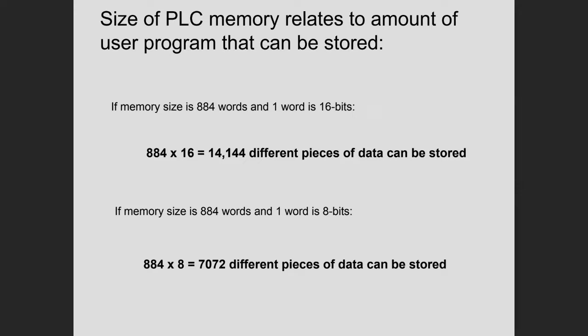If the memory size is 884 words, and one word is 16 bits, if you take the product of the 884 and the 16 bits, you get the number of individual zeros and ones that can be stored. So that many individual pieces of data can be stored.